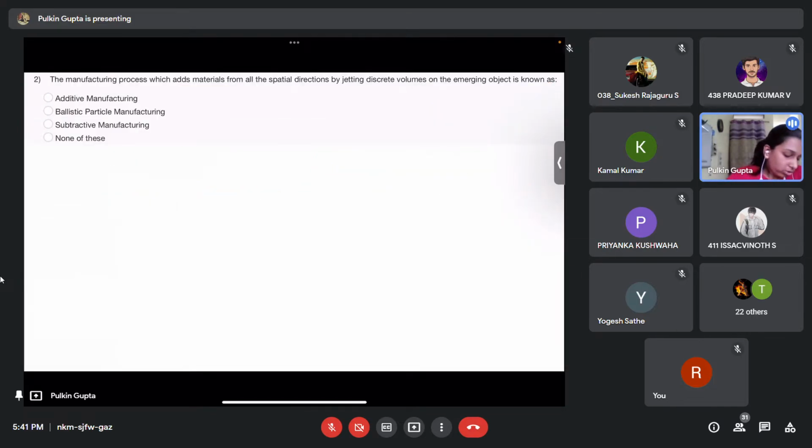The next question: the manufacturing process which adds material from all spatial directions by jetting discrete volumes on the emerging object is known as additive manufacturing, ballistic particle manufacturing, subtractive manufacturing, or none of these.